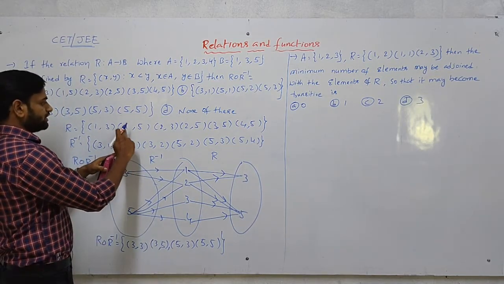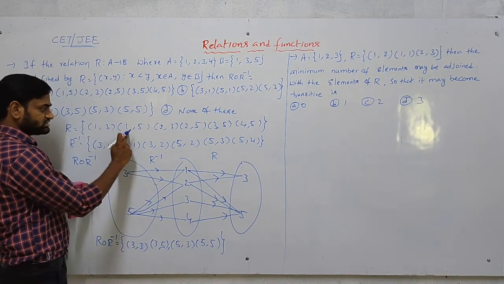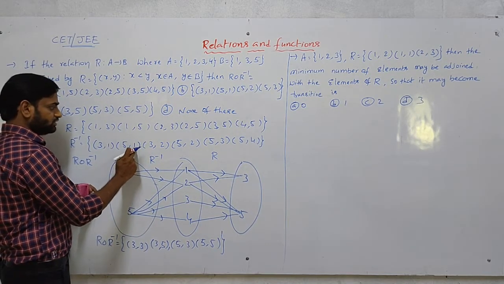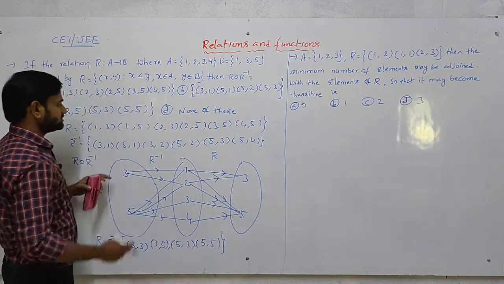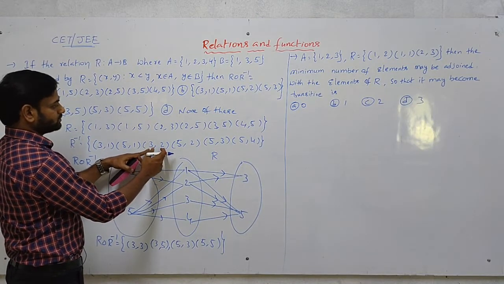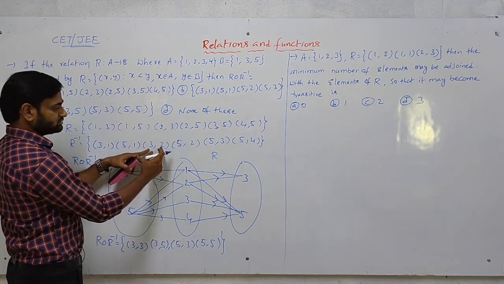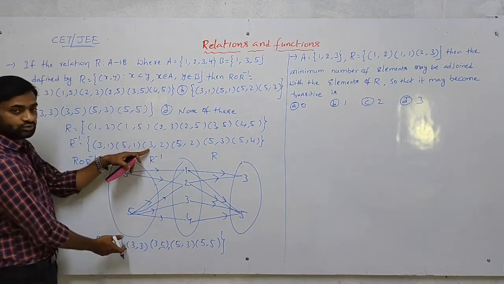Next 5 comma 1, 1 comma 5, so the result is 5 comma 5. Again, 3 comma 2, 2 comma 3: starting and ending is 3 comma 3, already written.